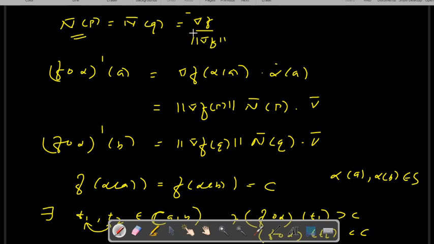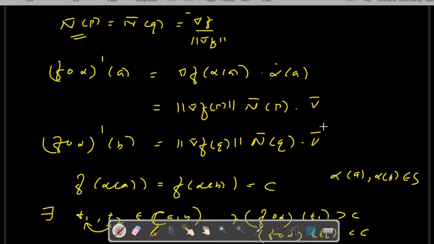So if you consider plus first, then f circle alpha dash of a, you can write in this format, and N of P and N of Q, if you take a dot product, will get either plus or minus 1. So if N of P and N of Q are of the same sign, then f circle alpha dash of a and f circle alpha dash of b will have the same sign.